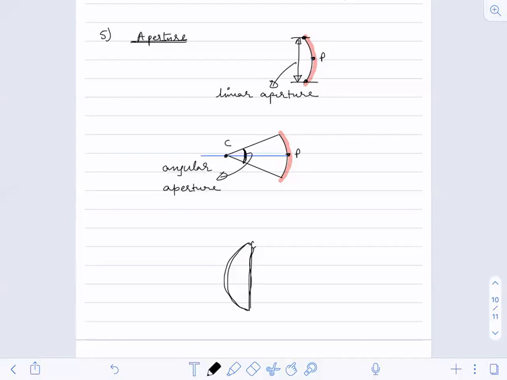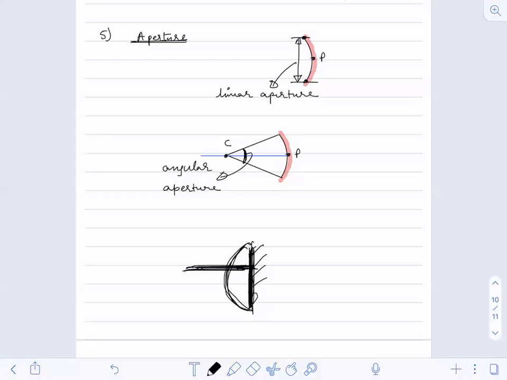The actual mirror will be this one, because if you paint it here, the combination will act as a plane mirror only. The maximum amount of light will reflect from here, and a very little reflection will happen from the other side, which you will not be able to see. If you paint it here, the major part you will be able to take on the screen will be from this side.